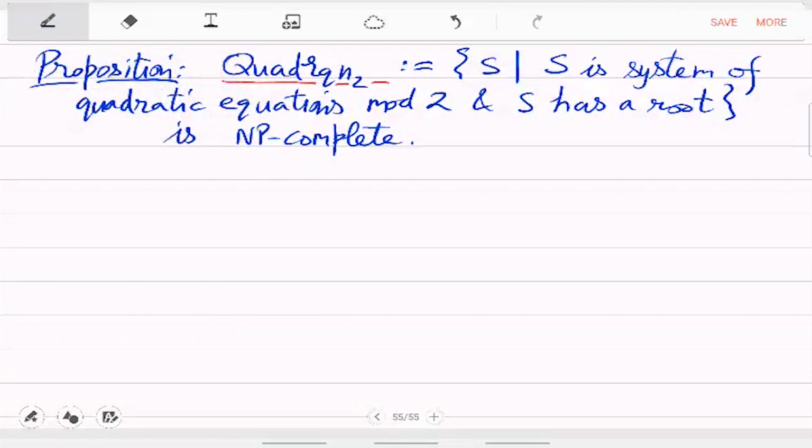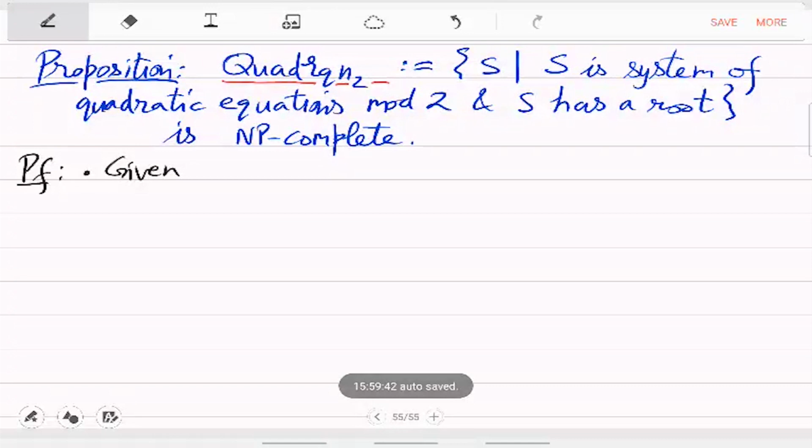Okay, let's prove this. So in general, finding solutions or roots of polynomial systems, that is hard. These things are really NP hard, and here is your very special example. These are just quadratic equations mod 2, even that is NP hard.